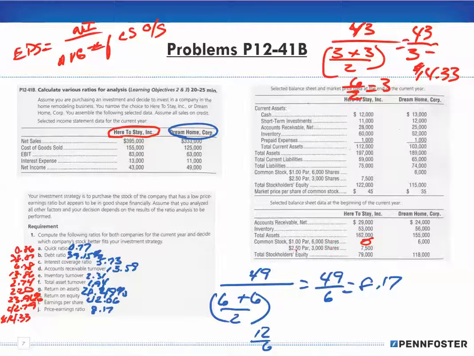We have the $2.50 par, 3,000 shares. There's a value here. Now, if for some reason the value here was 6,000, well, that means we would have, because the dollar par at 6,000 shares gives us a value of $6,000.